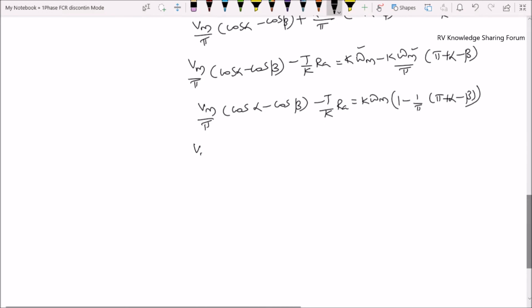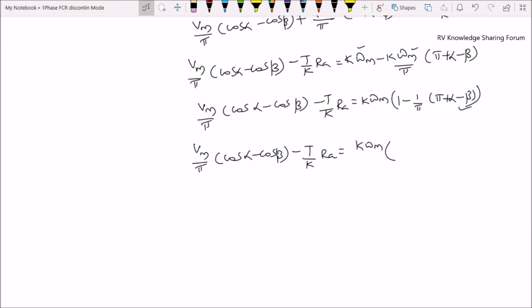So Vm by pi (cos alpha minus cos beta). Before that we will take the LCM of this. Okay, so minus T by K RA is equal to K into omega m. If we take LCM here we will get pi, and if we include this minus into this, it will become minus pi minus alpha, minus into minus plus beta, by pi.